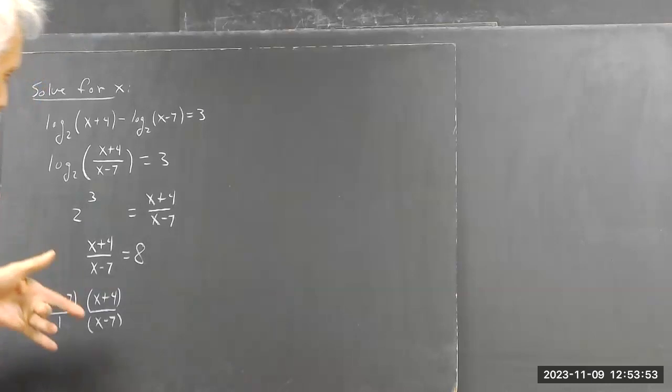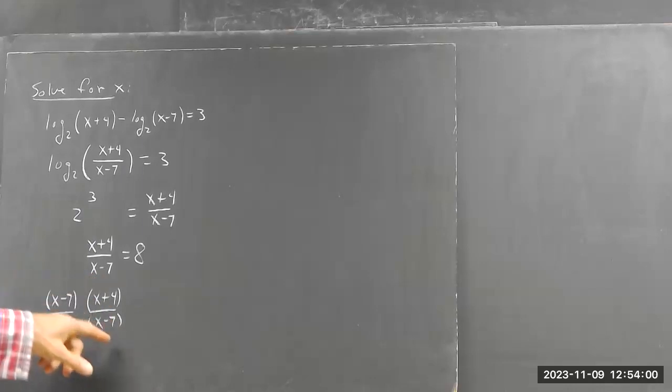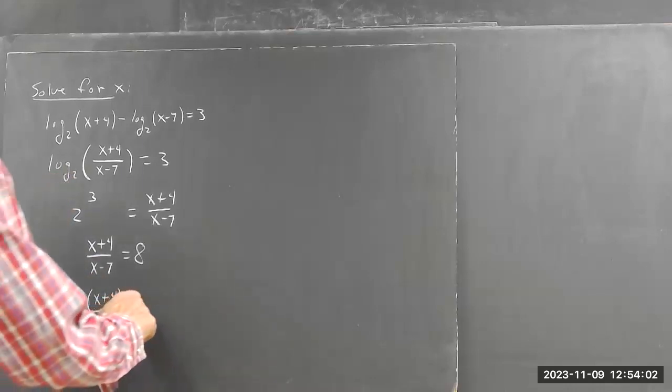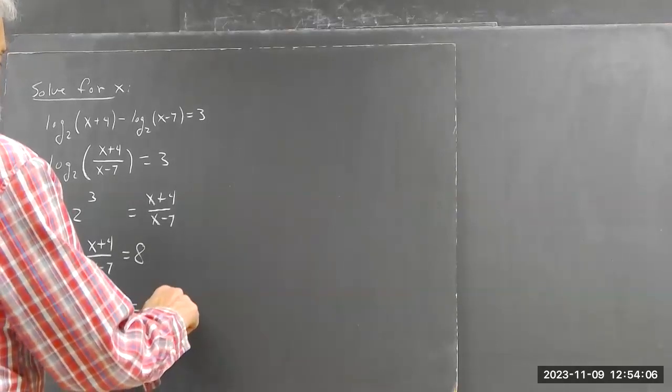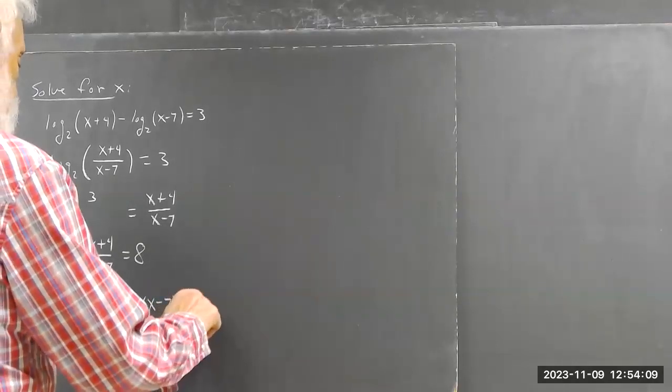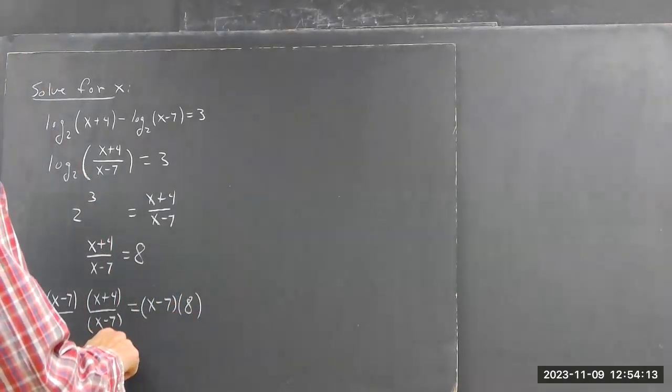And we see that we could as well write this as x minus 7 over x minus 7 times x plus 4 over 1. X minus 7 divided by x minus 7 is 1. So we're just left over here with x plus 4.